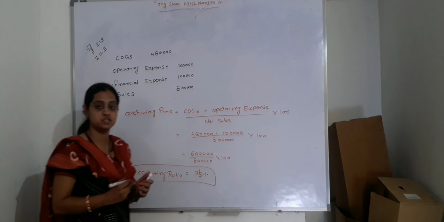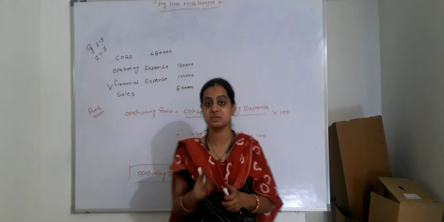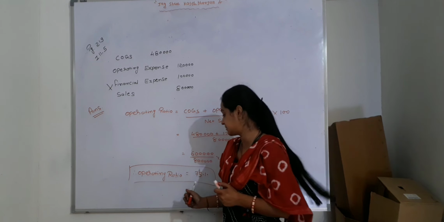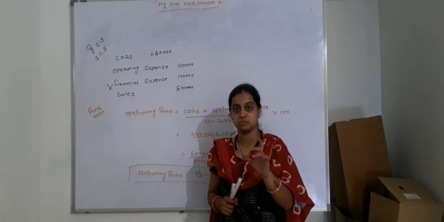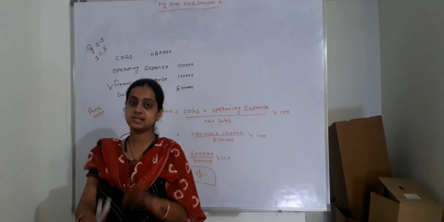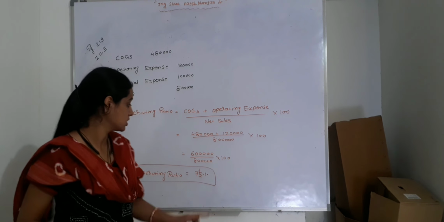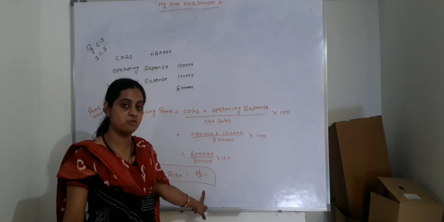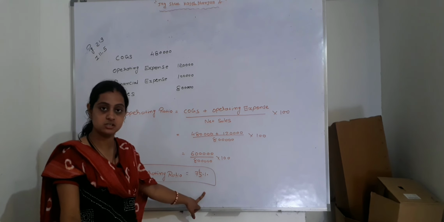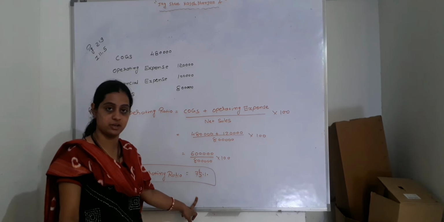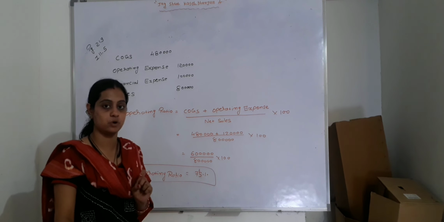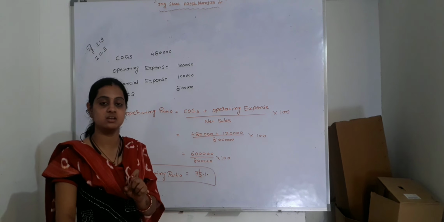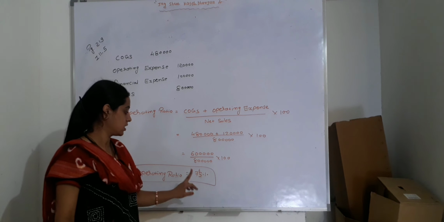See, operating ratio is an expense based ratio, which means expenses of a firm are 75% of sales. If total sale is 100% and our expenses are 75%, then our operating profit is 25%, 100 minus 75. Next, our C point, 1C, that is operating profit ratio.